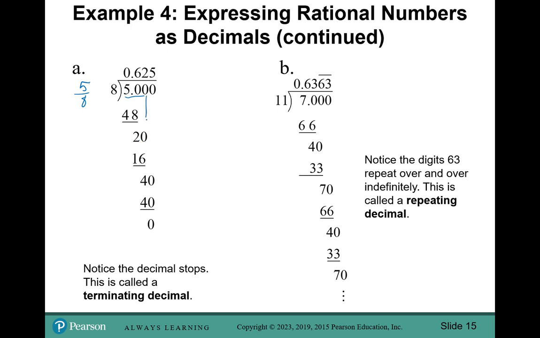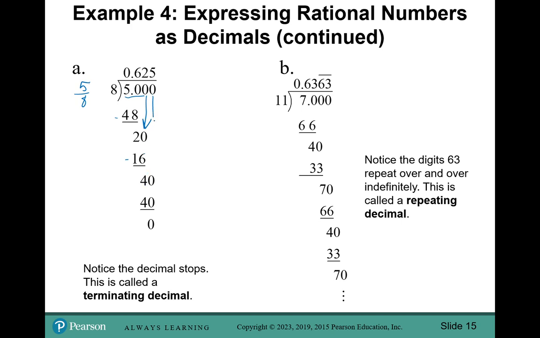I bring down my 0 here. So now I'm dividing 8 into 20. The closest I can get is 16. 8 times 2 is 16. So I put my 2 up top. Put my 16 down here. Subtract. That's what I'm doing here is subtraction. I'm subtracting 16 from 20. That gives me this 4.